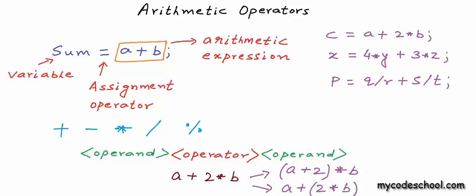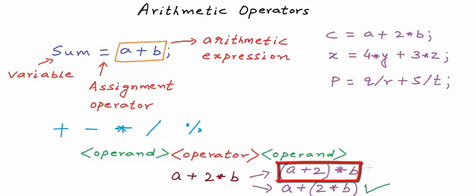If you remember your high school mathematics, then precedence or priority of multiplication and division operations is higher than that of addition and subtraction, and so in this expression multiplication will be performed first. So this is correct interpretation and this is incorrect.